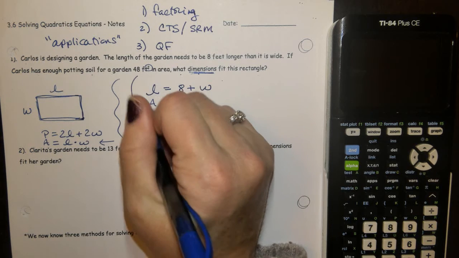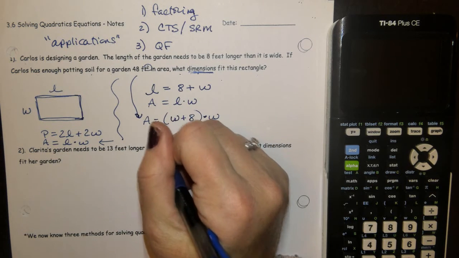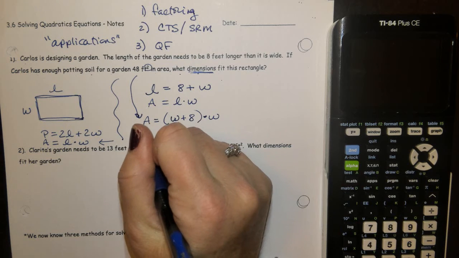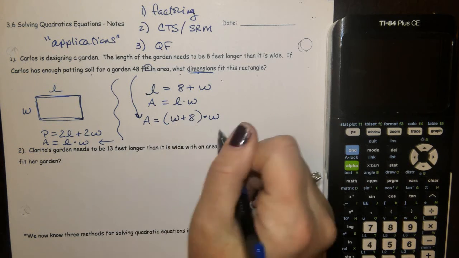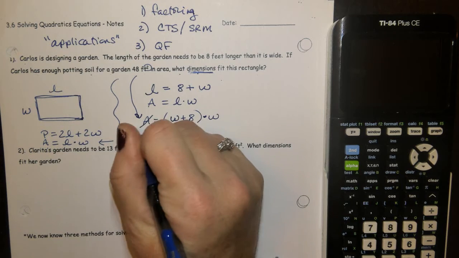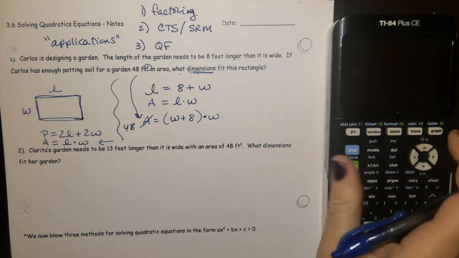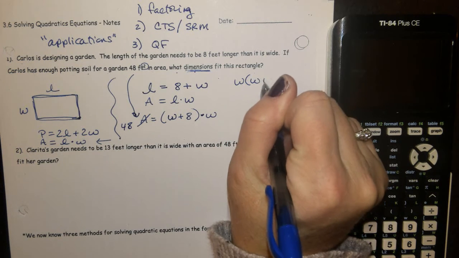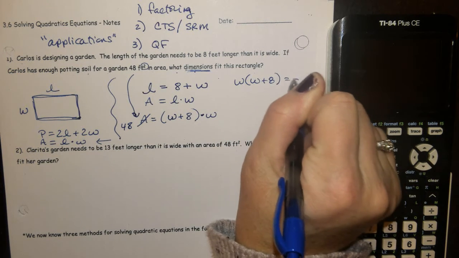Well, the area had to be 48. If it bugs you that 48 is on the left, you can use the symmetric property and reverse this. So we're going to rewrite this: W times W plus 8 equals 48.